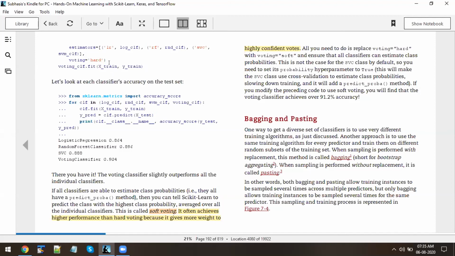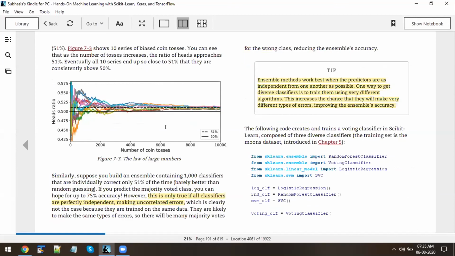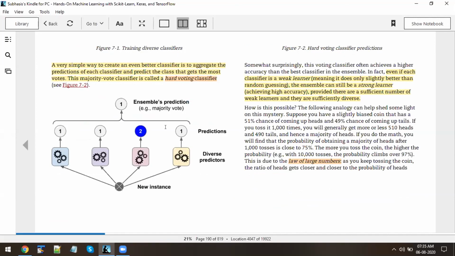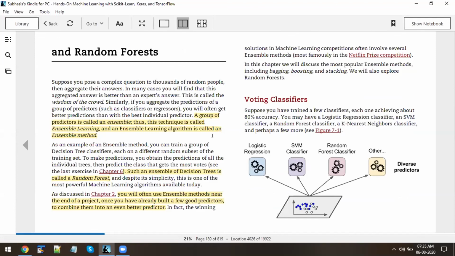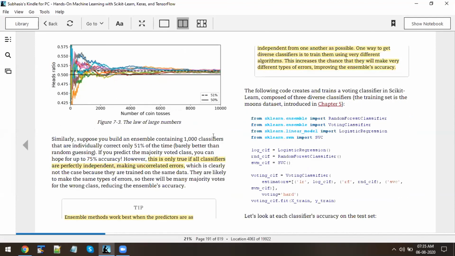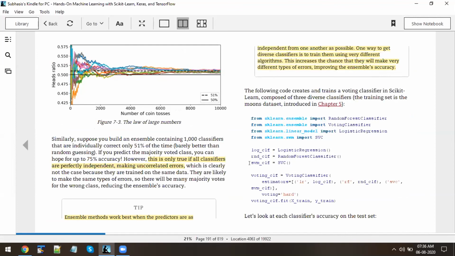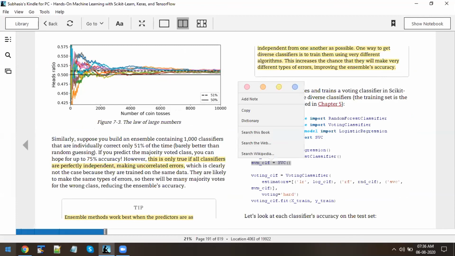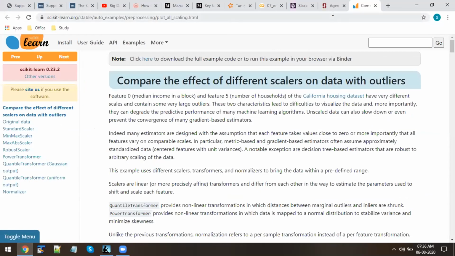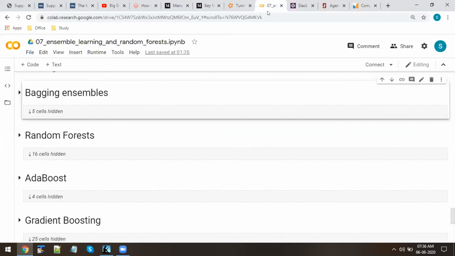Yeah, this is the portion that I'm talking about. You can see my screen, right? Here for the voting classifier section, this is the code. These are the three classifiers that they make use of. It is better to take a look at the code actually.